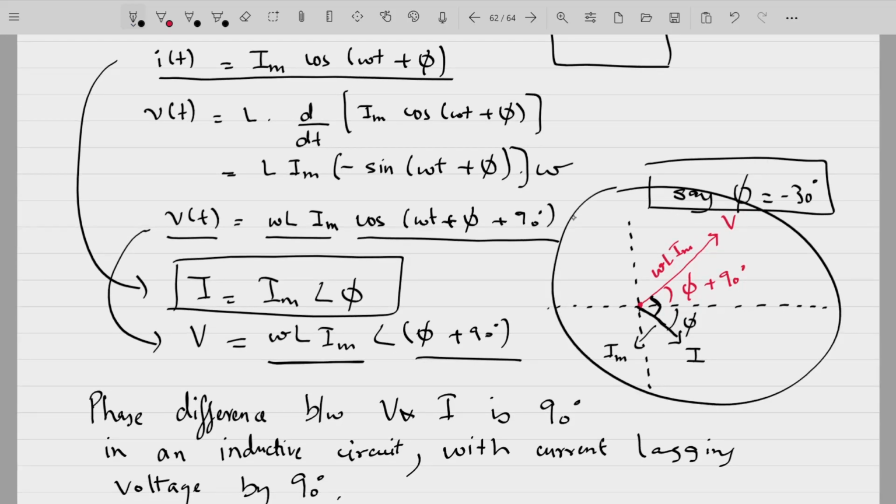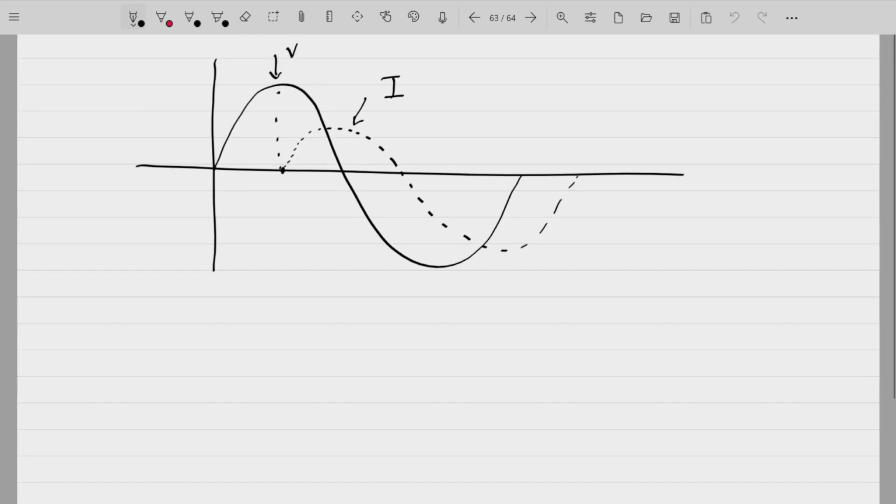This was our phasor diagram for an inductive circuit. We can also draw the phasor diagram of the inductive circuit for phi equal to 0.